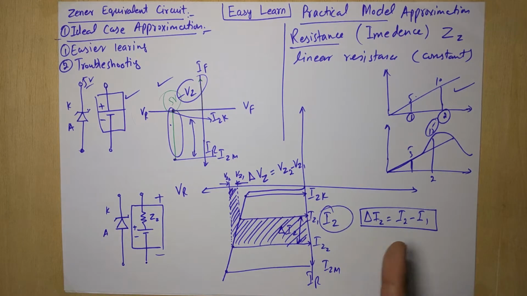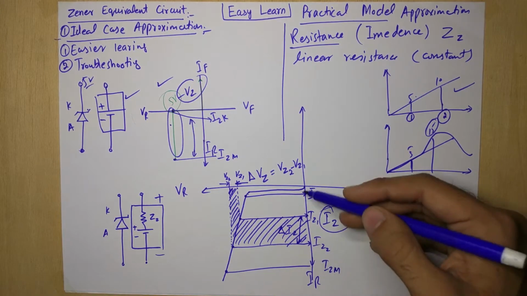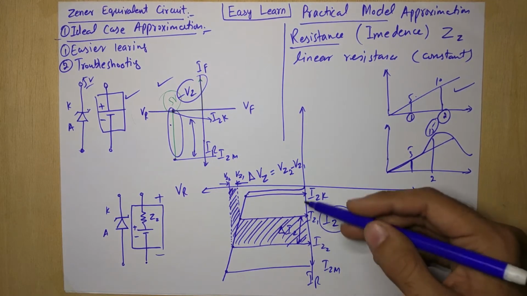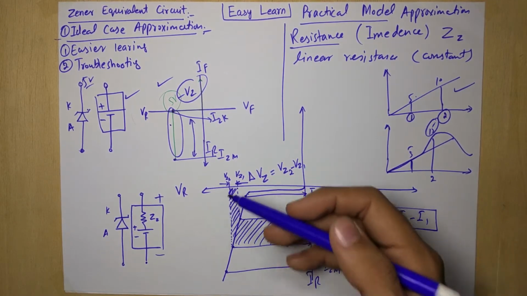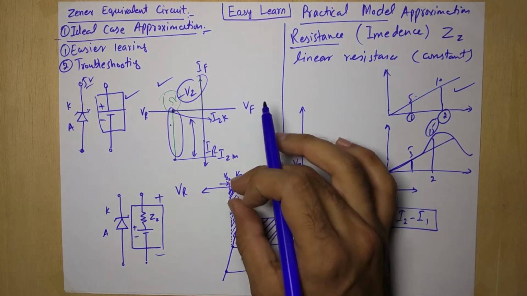So basically we have received 2 points. What is the meaning of regulation? Regulation means that if we change these points on the horizontal and vertical axes, our purpose is still to get a constant voltage.